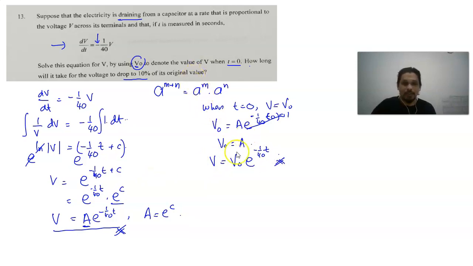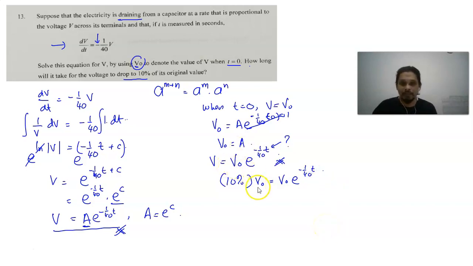So we'd like to find out the value of t when the voltage drops to 10%. It is something like this: 10% of V0 equals V0 e power of negative 1 over 40t.